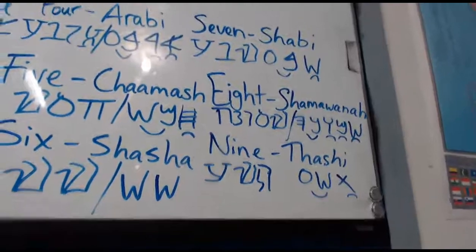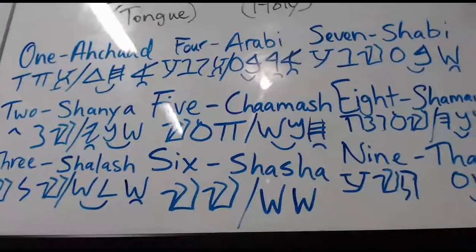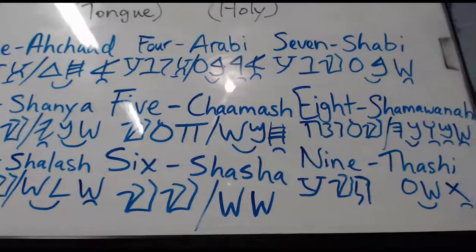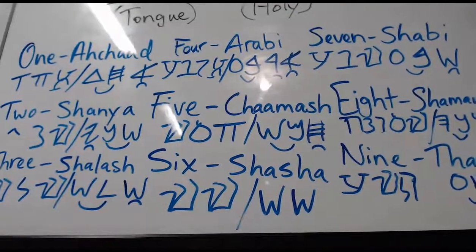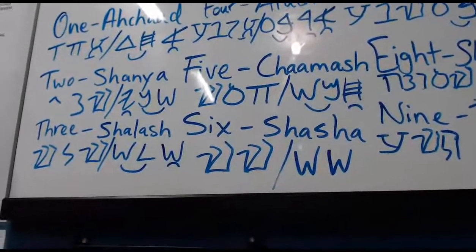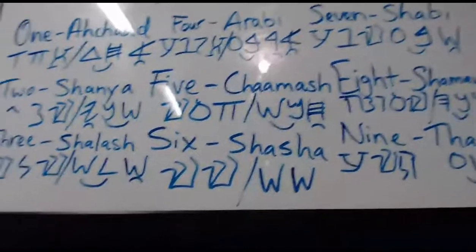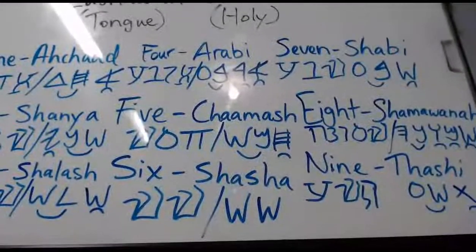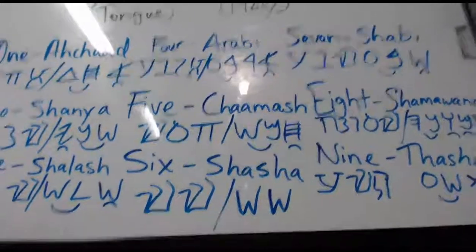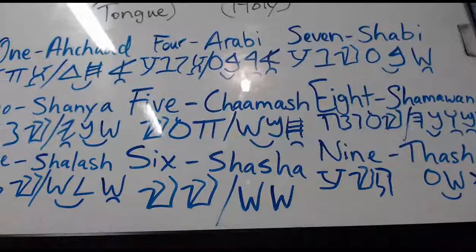So you got Arabai, Shabai, and Thashai. 6 is Shashah, 3 is Shalash, 2 is Shanya, 5 is Chamash, 8 is Shamawana, 1 is Akkad. All right. So we give you about a minute or two to write these down. Then I'm going to erase it and go on to 10 and multiples of 10.